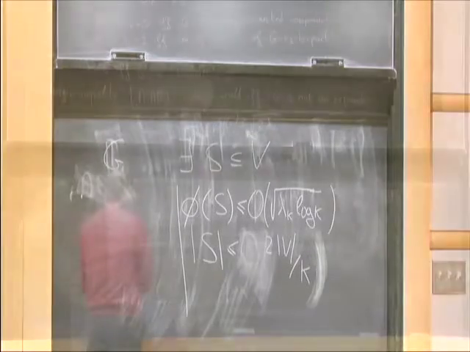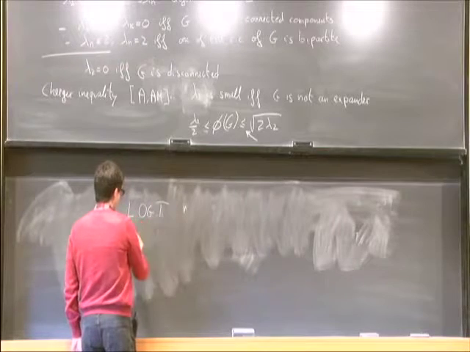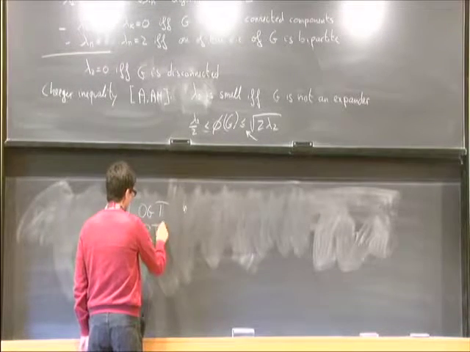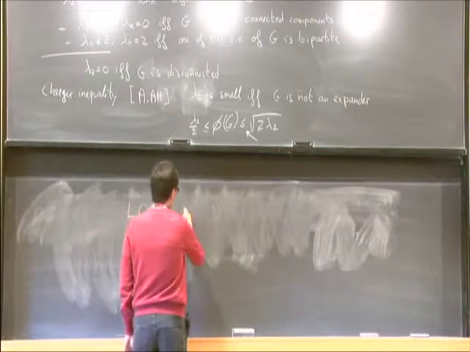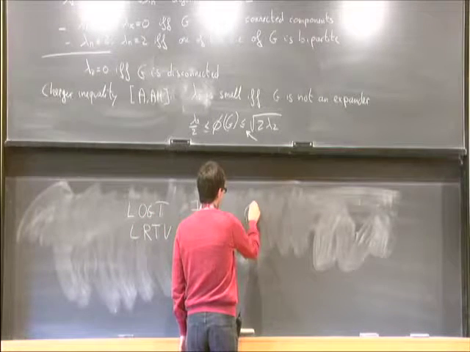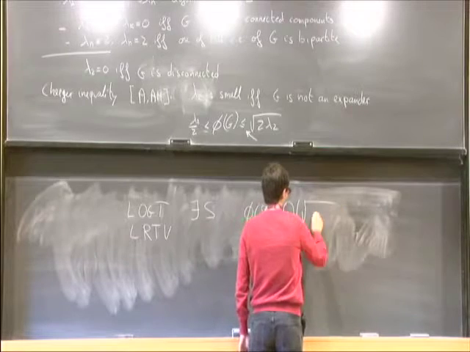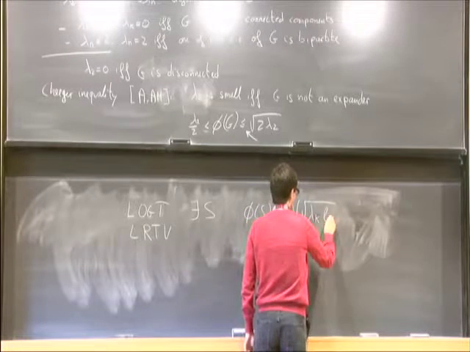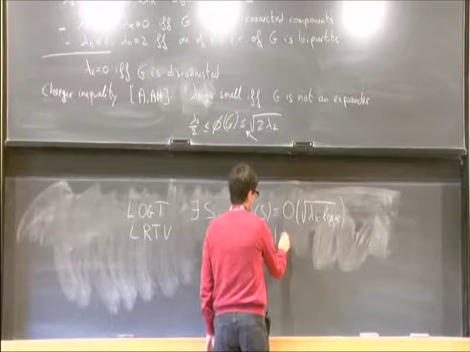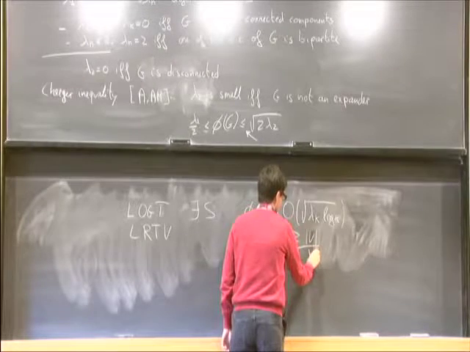Okay. So what we got in our paper, and what's in the independent result of Louis, Raghavendra, Tetali, and Vempala, is the existence of a set of expansion square root of lambda k log k and size at most, say, 2 times the number of vertices divided by k.